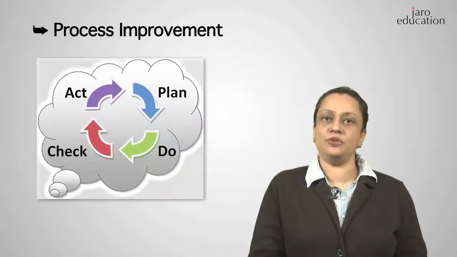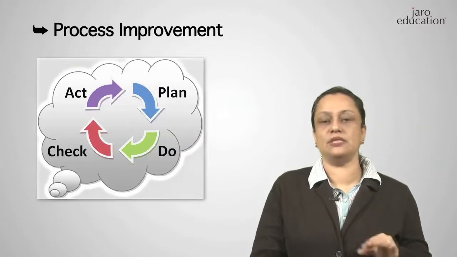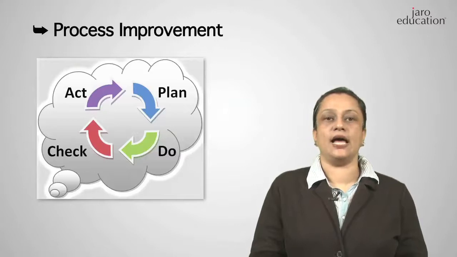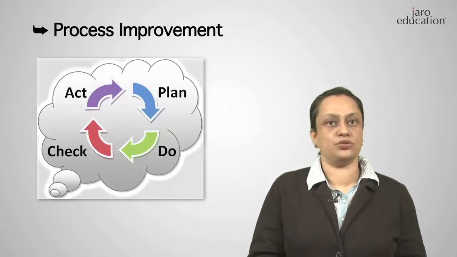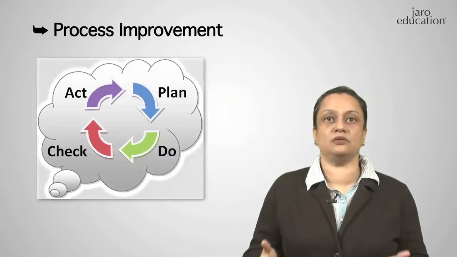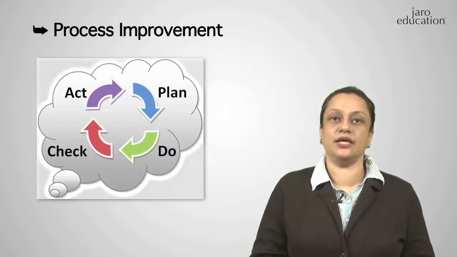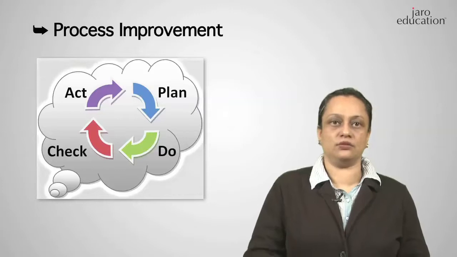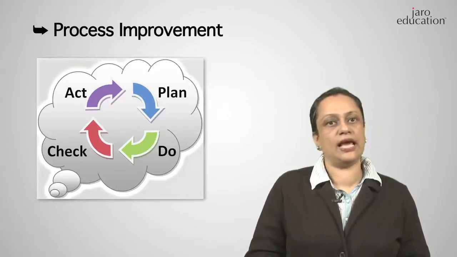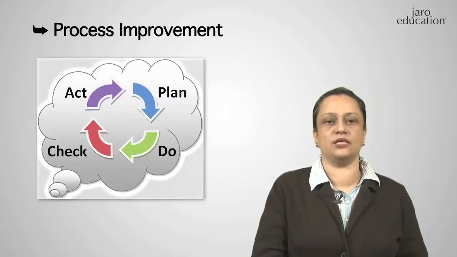Process improvement follows the classic PDCA cycle, the plan, do, check, act cycle. So we plan for the change, we then define goals, do it, see whether that change is adhering to that goal, or that what we wanted to achieve is what we are indeed achieving, and finally roll it out to the entire organization.